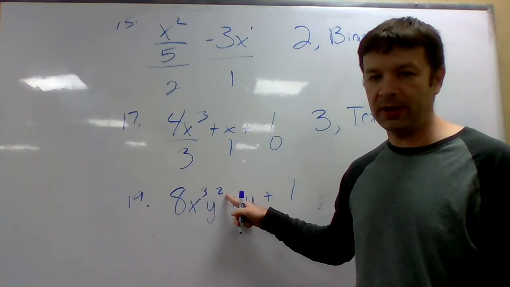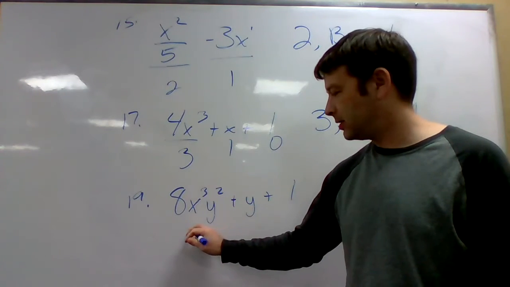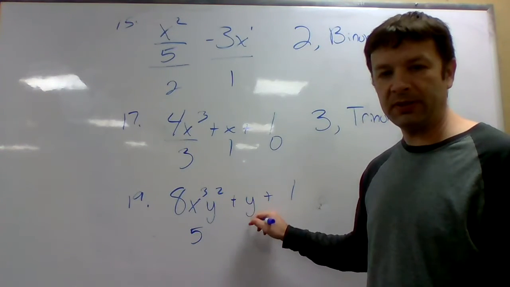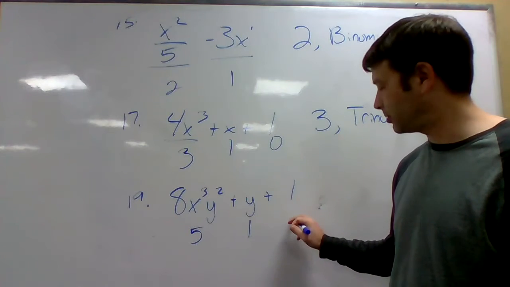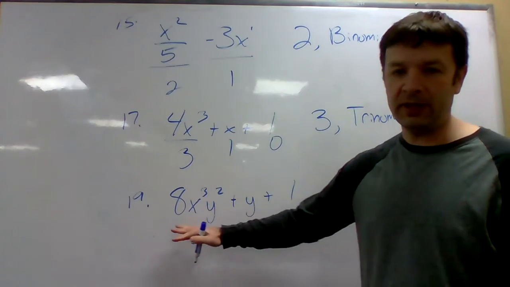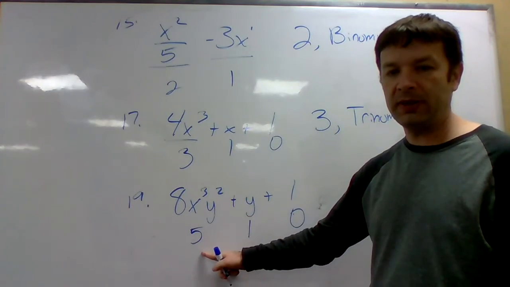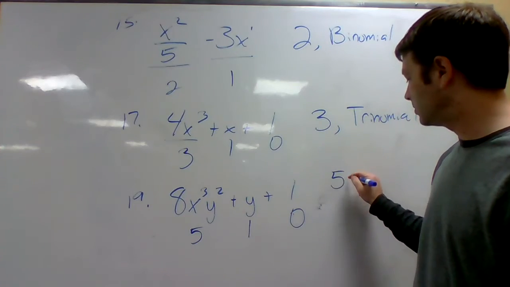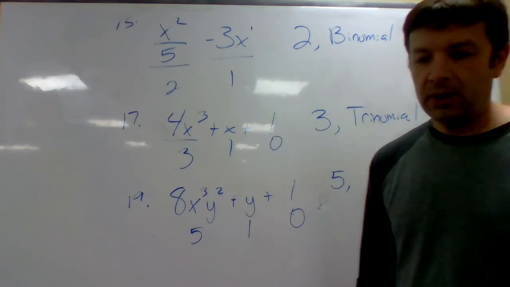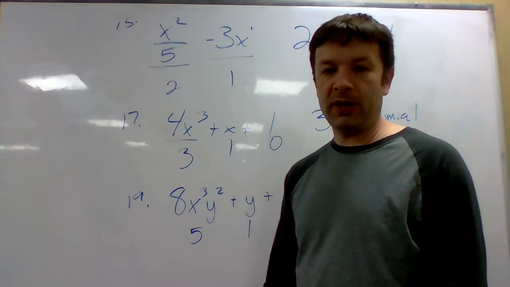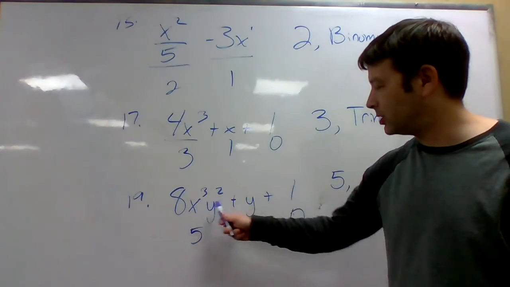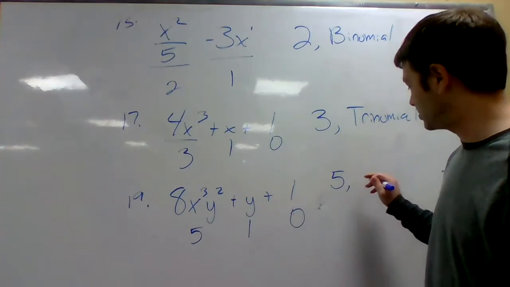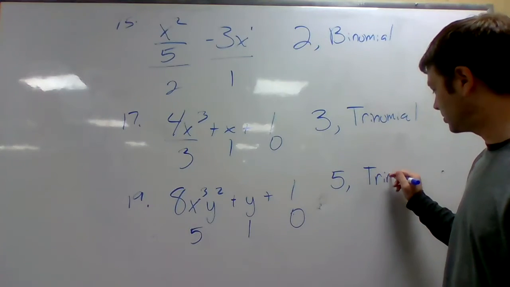You put all the powers together, so it's 3 and 2, 5. What's the power in the second term? 1. What's the power in the last term? 0. So the degree of the polynomial is 5. And what kind of polynomial is it? It has 1, 2, 3 terms, so it is, again, a trinomial.